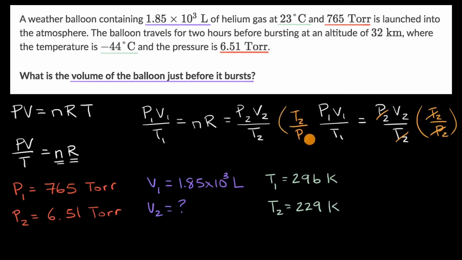I am going to get that T2 times P1 times V1 over P2 times T1 is equal to V2. So we just have to calculate this right now.